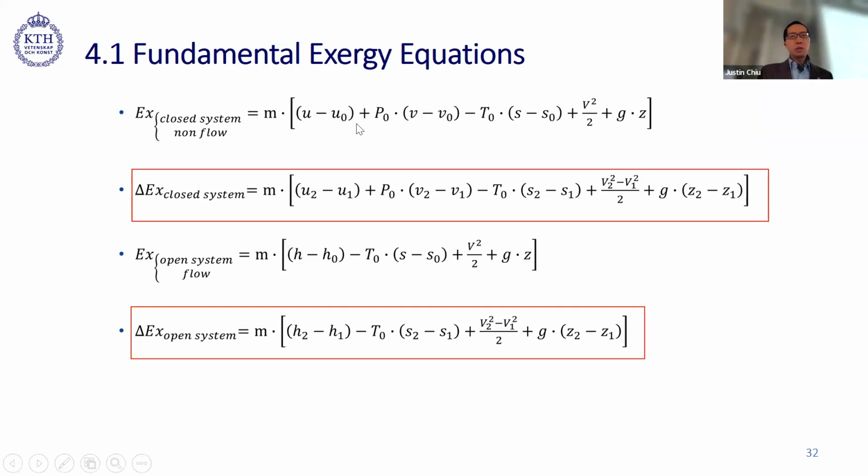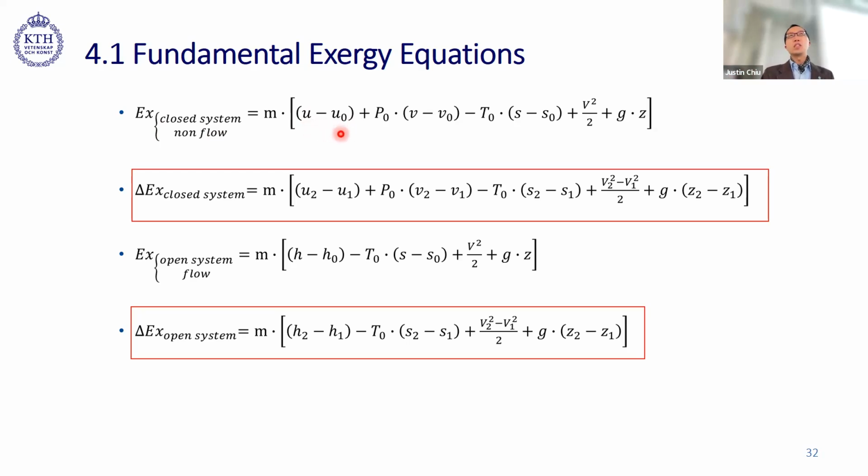Yeah, let's continue. So there are some fundamental equations for you, not to memorize, but for you to know where to find. Exergy is very similar to enthalpy, right? Enthalpy has to be benchmarked against a reference value. So this is why in the first equation here, I have my absolute Exergy benchmarked to my reference case, 0.